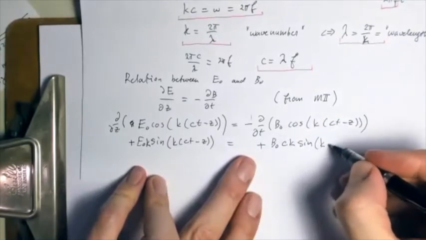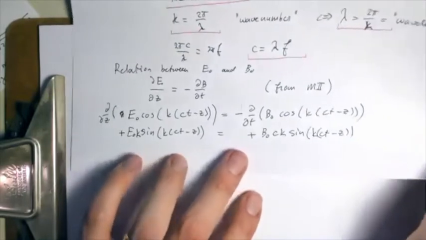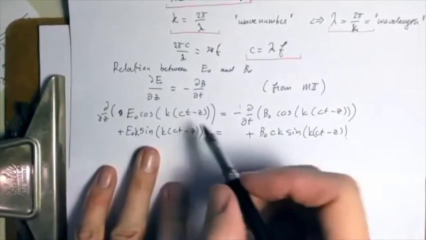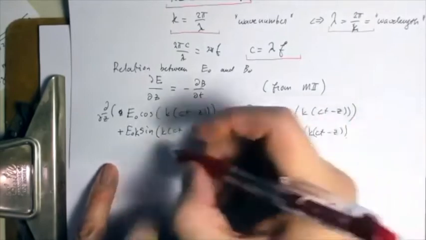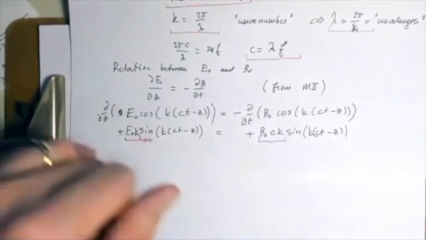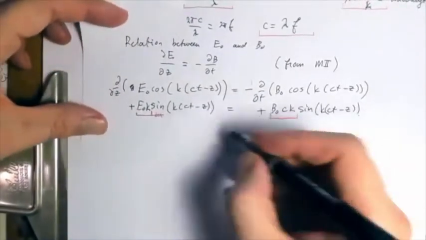So that's k(ct minus z). Okay, so fortunately, you see this is sine kct, that's sine kct, so that's good. So that shows that there's nothing funny going on. There's nothing time dependent about this relation.